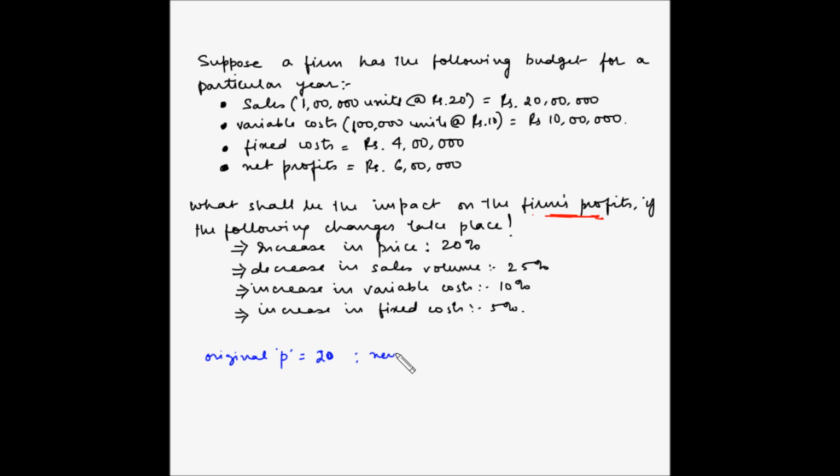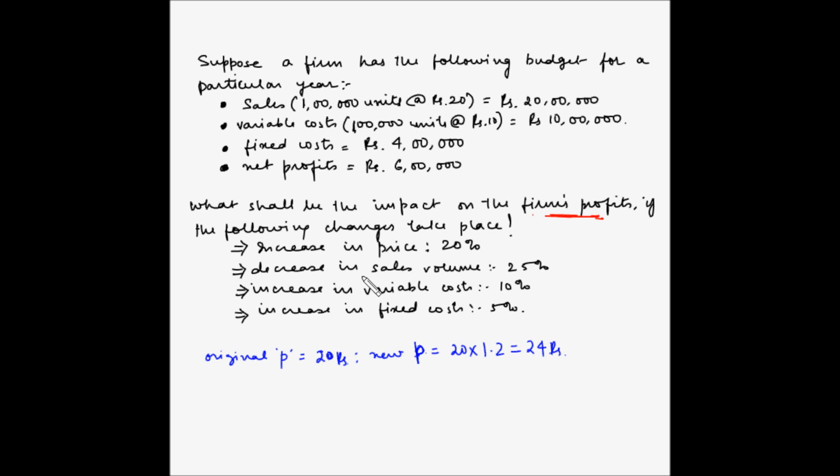So the new sales price P will be equal to 20 multiplied by 1.2, which is 24 rupees.